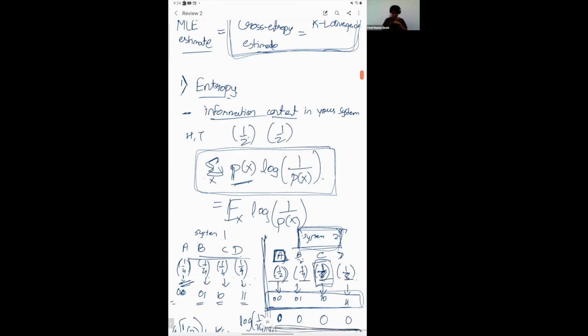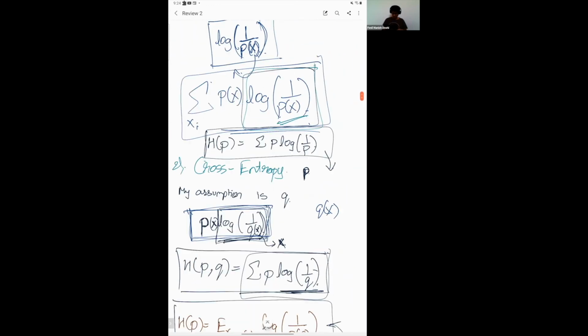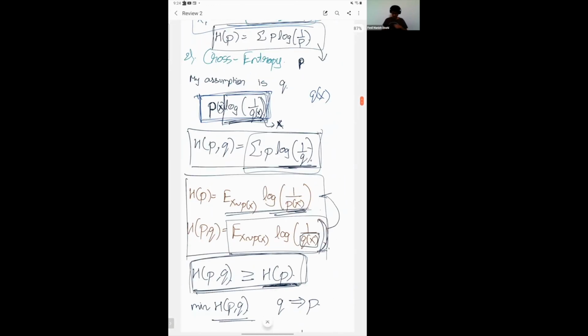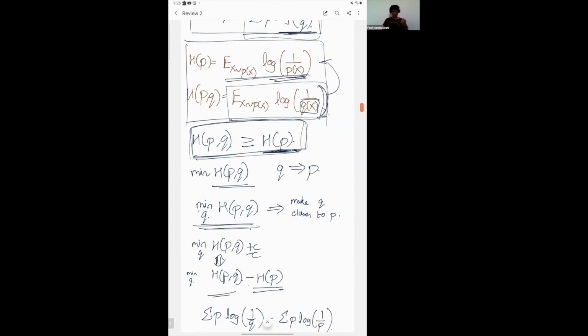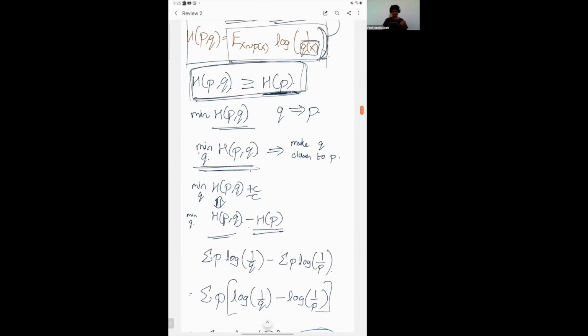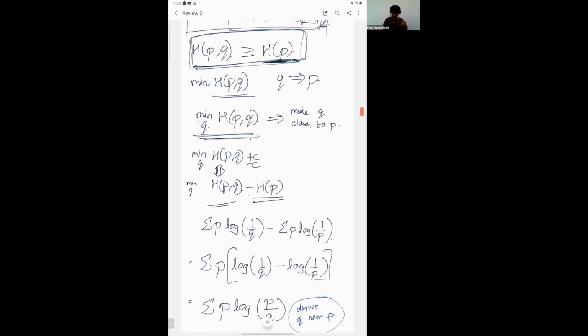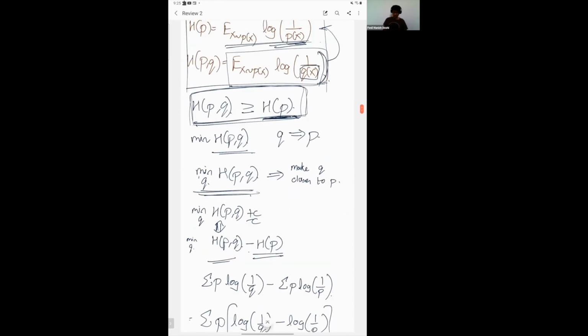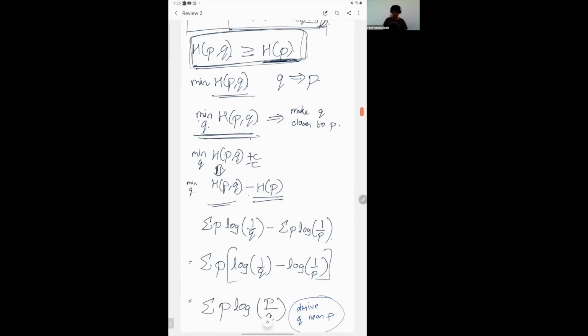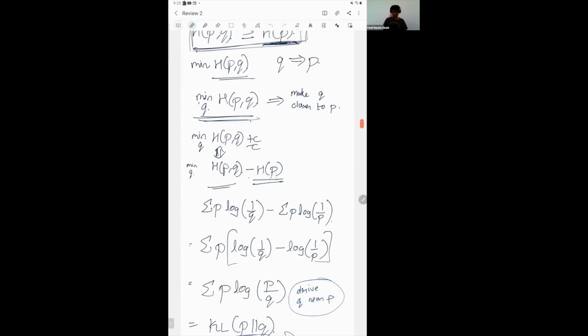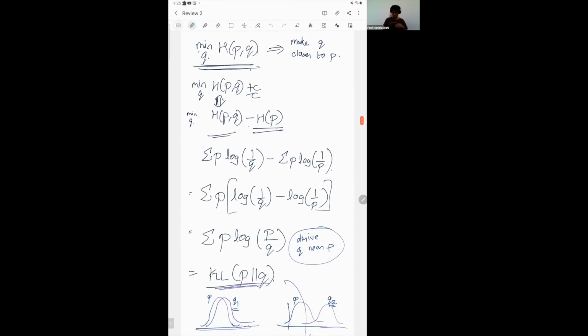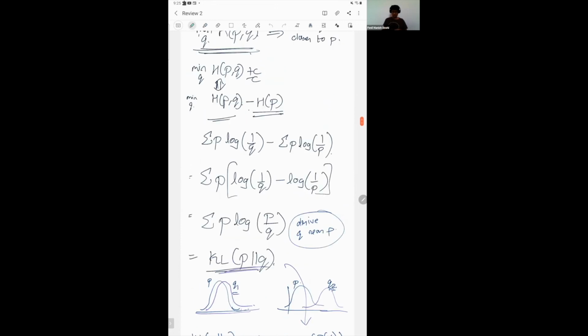that the difference between the entropies, the cross entropy and the entropy, is simply the KL divergence, as we saw earlier. H(P,Q) is the cross entropy term, H(P) is the entropy term, and if you subtract them, you just get the KL divergence.